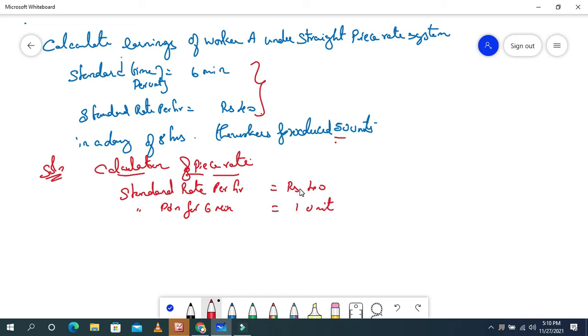So standard production per hour is 60 minutes divided by 6 minutes. To produce 1 unit they take 6 minutes, so in an hour they produce 10 units.